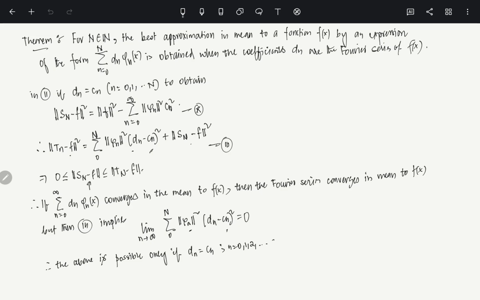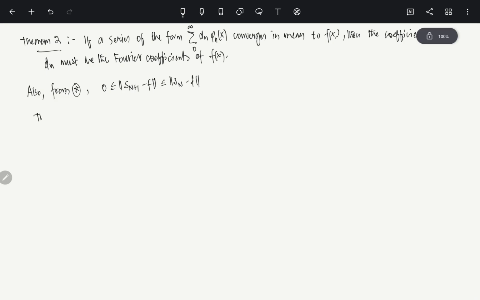Thus this sequence, the norm of Sn minus f, for n equals 0, 1, and so on, is non-increasing and bounded below by 0.